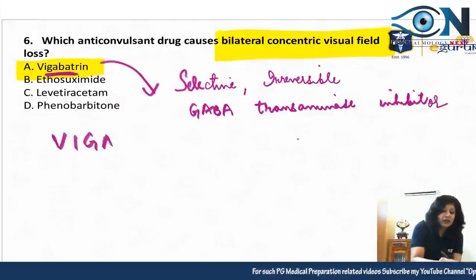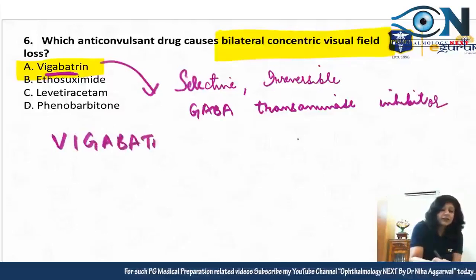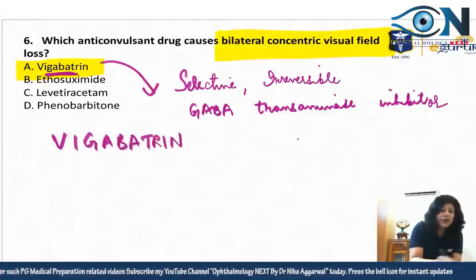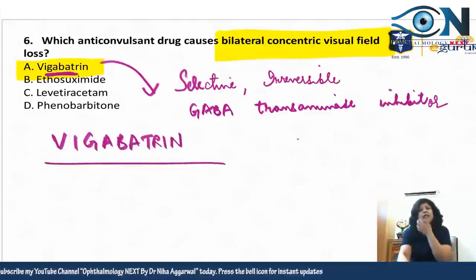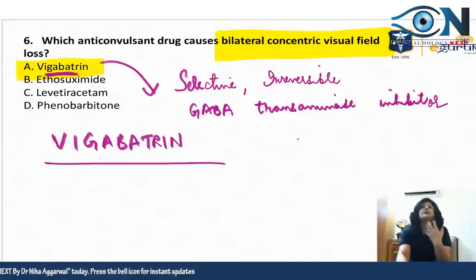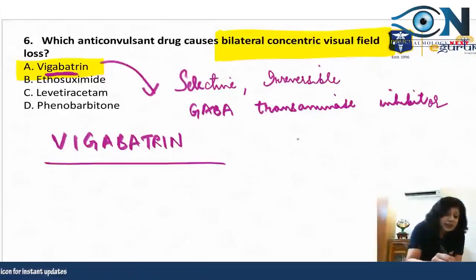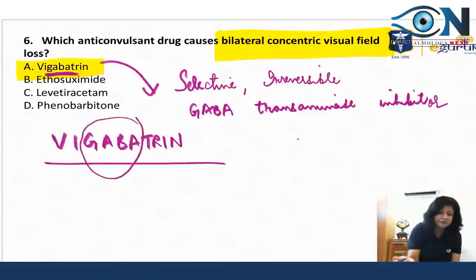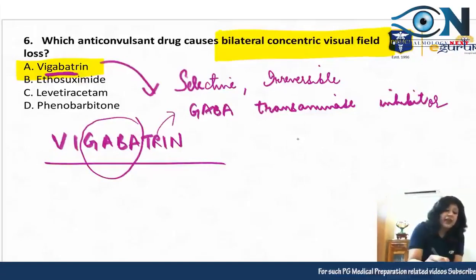It is vigabatrin. So I think this is a good way of remembering the things, because most of the times in exams there's a problem in recalling. So see, this word GABA is already given here. R for reversible. We are having I also, so this makes it irreversible.